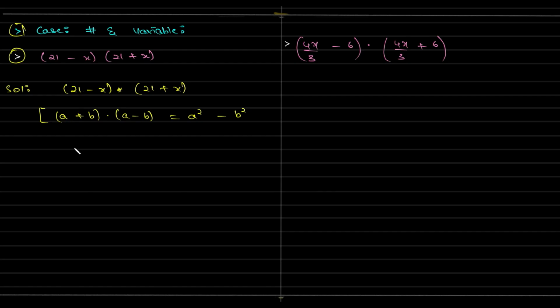Okay, so here a is 21 and b is x, is it not? So in the end, I can write the final answer as 21 the whole square minus x square. So this is 441 minus x square, and that's your final answer.